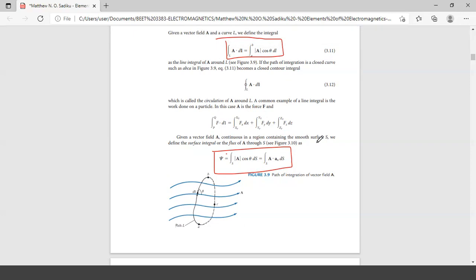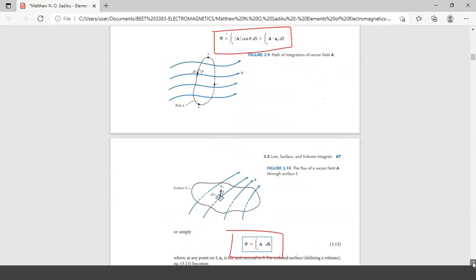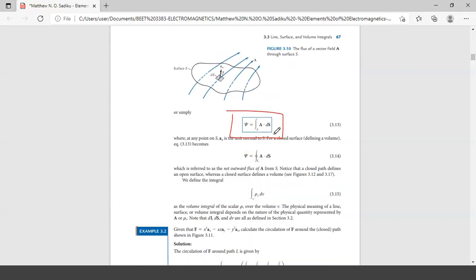We call it the electric flux. We need to find electric flux for applications in electromagnetics. The final answer after the derivation is that the flux equals the integral of A cos theta d theta, which equals vector A dot the normal direction of ds. So the flux equals the integral over S of vector A dot ds.